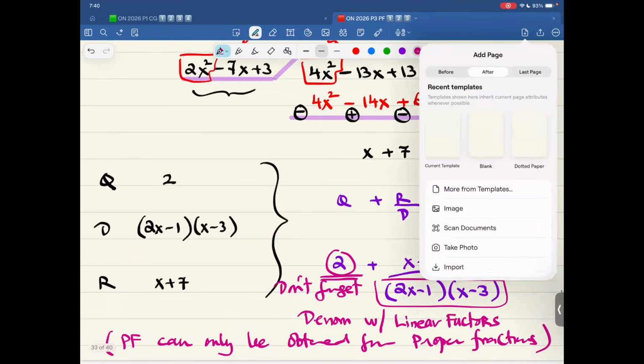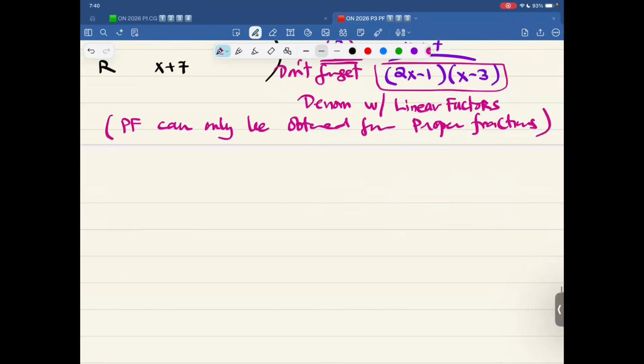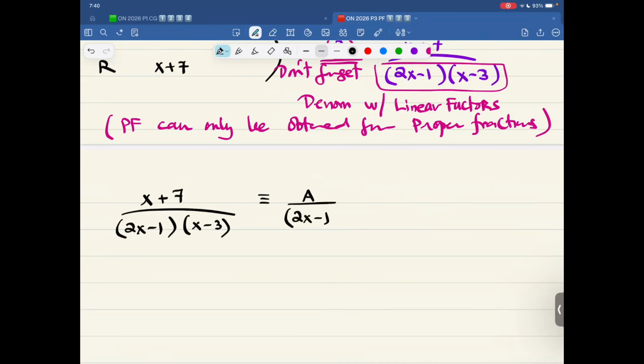Now, let me add a page. That is x plus 7 divided by 2x minus 1 into x minus 3. This is identical to a over 2x minus 1 plus b over x minus 3.